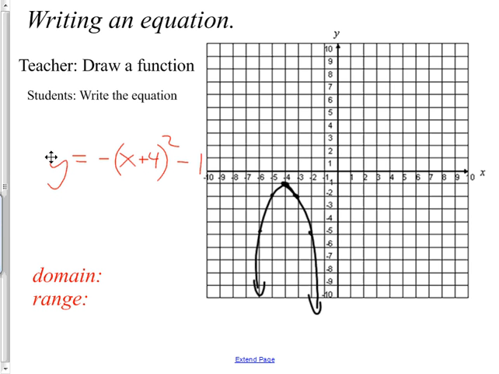Okay, domain is left-right. Range is down to up. Remember they look like this? Except sometimes there's brackets. Your bottom one's messed up. Your top one's good. A lot of people mess up the bottom one.